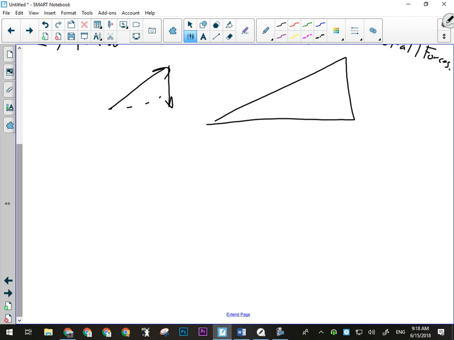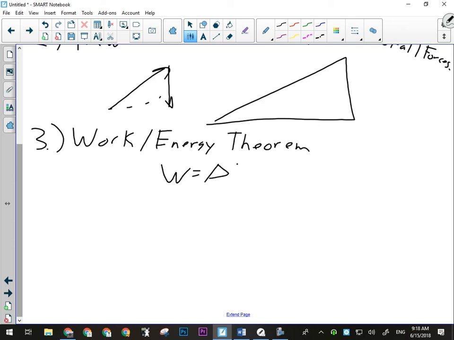After that, we did the work energy theorem. That's where we had that work is a change in mechanical energy. So we're still dealing with similar situations to Newton's second law. We dealt with inclined planes, and what happens when you push a box up a ramp in terms of energy instead of forces.